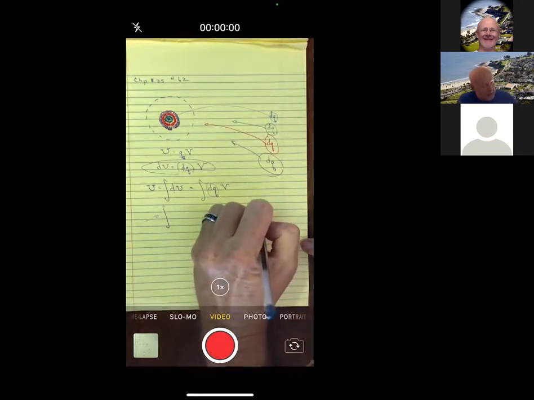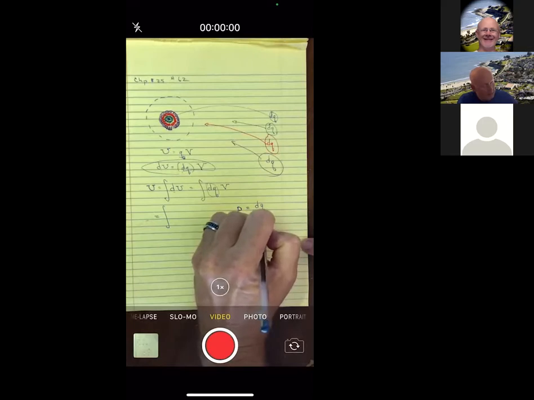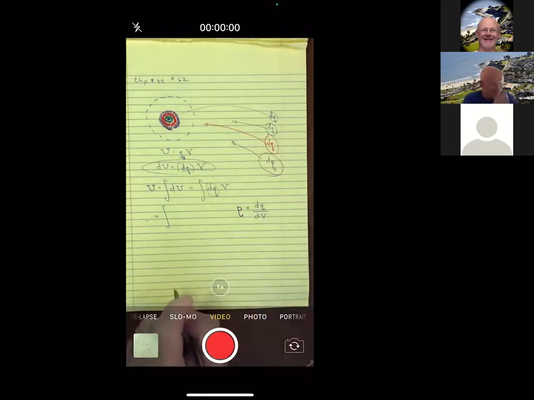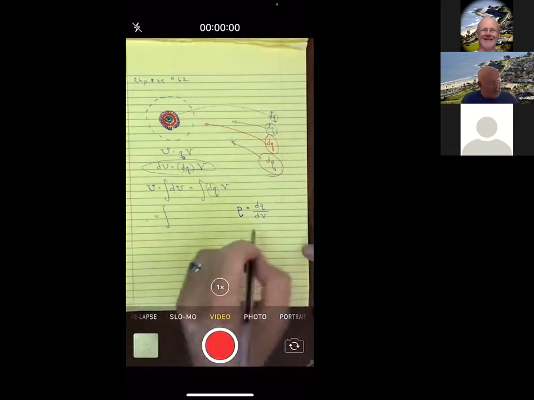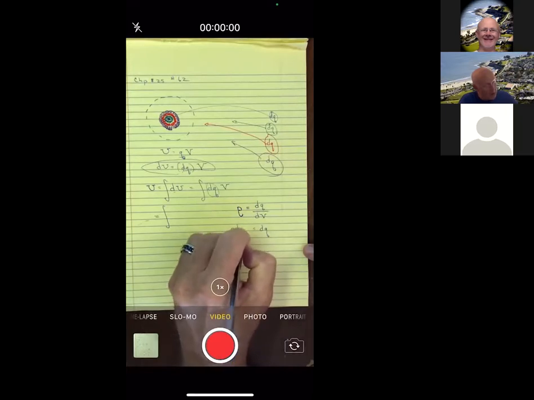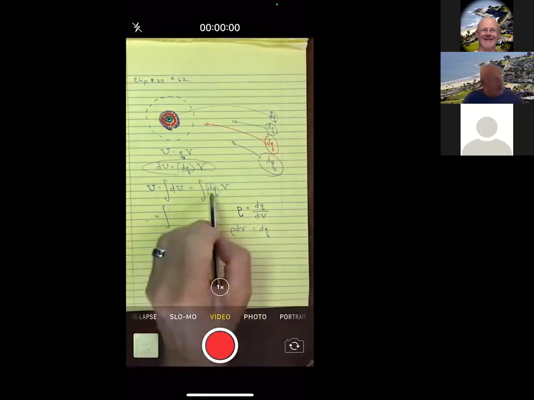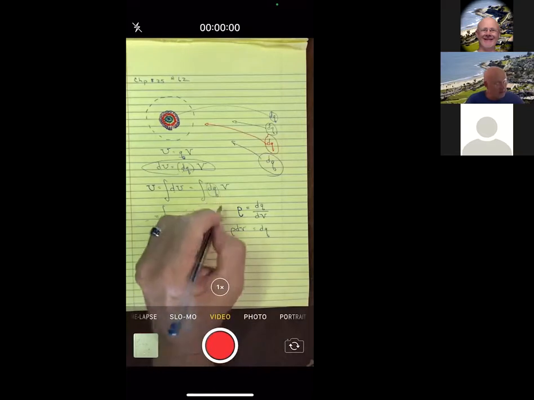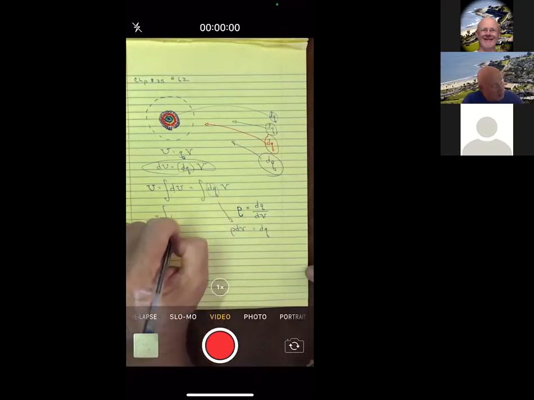That means it is how much charge per volume. Now, the reason that's nice is I can then replace dq with rho dV. So this dq right here, I'm going to replace with rho dV, and then times V.